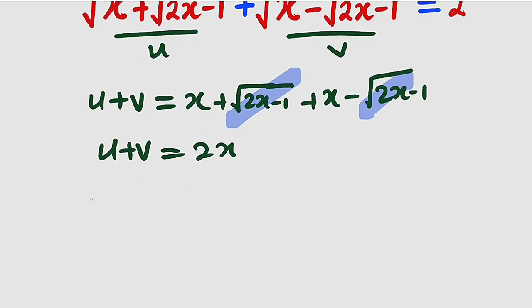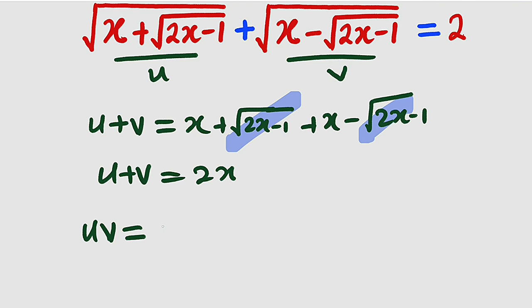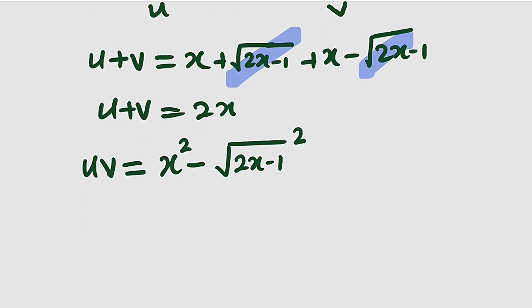What about the product? u times v is equal to, just observe the difference between these two is plus and minus. Therefore, if you multiply them together, it's nothing but difference of 2 squares. You take the first term x, you square that, you subtract. You take the second term, you also square that. That is 2x minus 1 under square root. You square that.